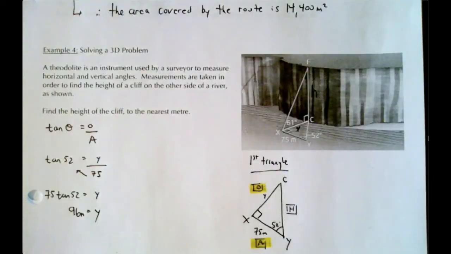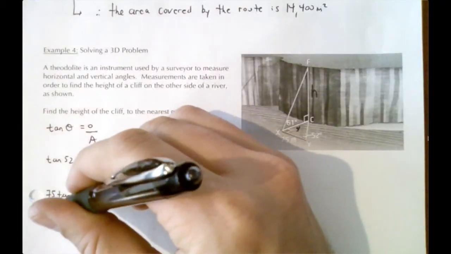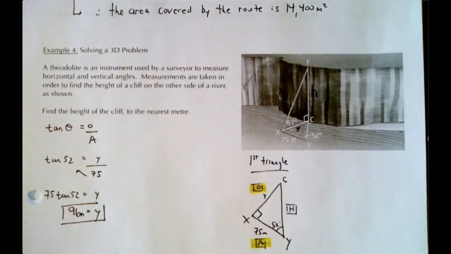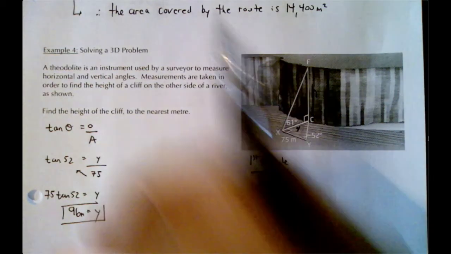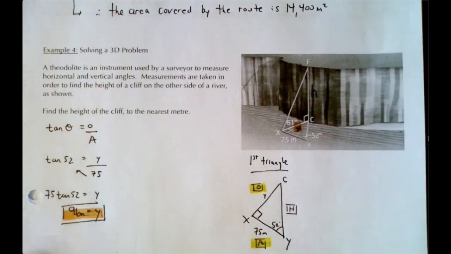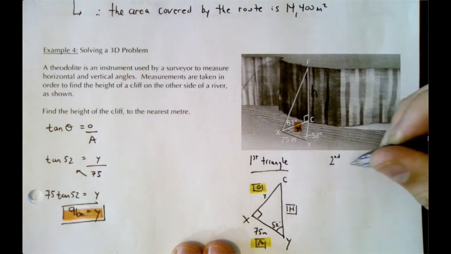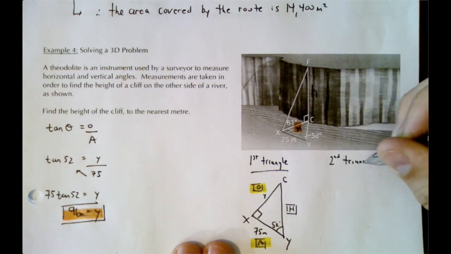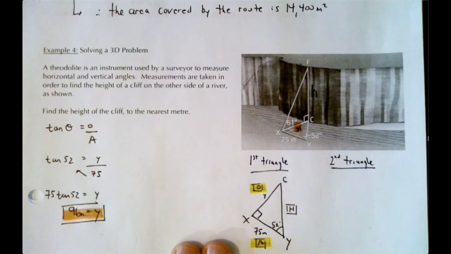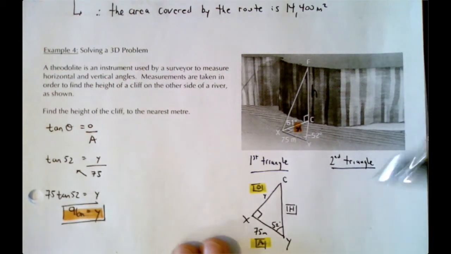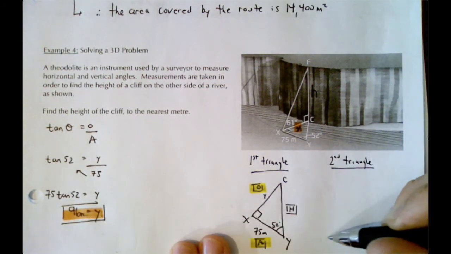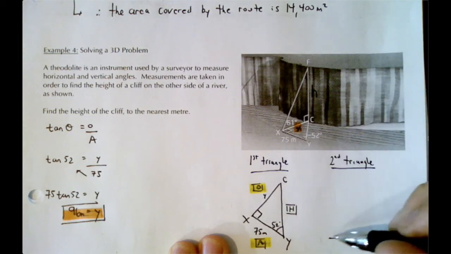So now we know our shared side y. How come that's important? Well, now that we know what side y is, we have this side of the triangle. So now I'm going to draw my second triangle. You don't have to redraw the triangles, but for this, if I redraw it, it might help, and it might not, but if it does help, then maybe it's something that you want to try.